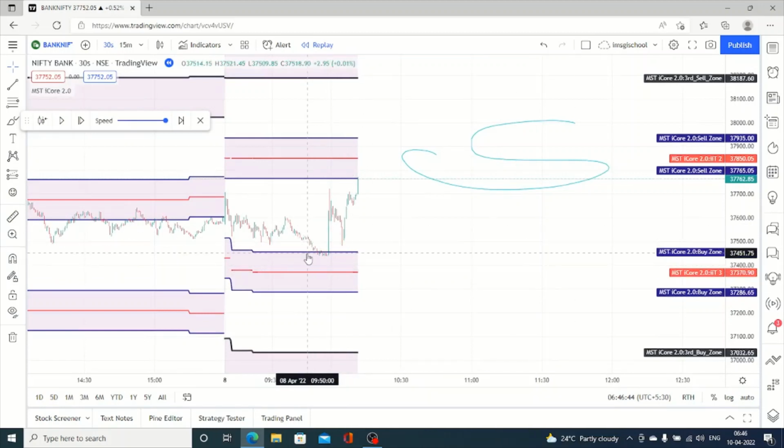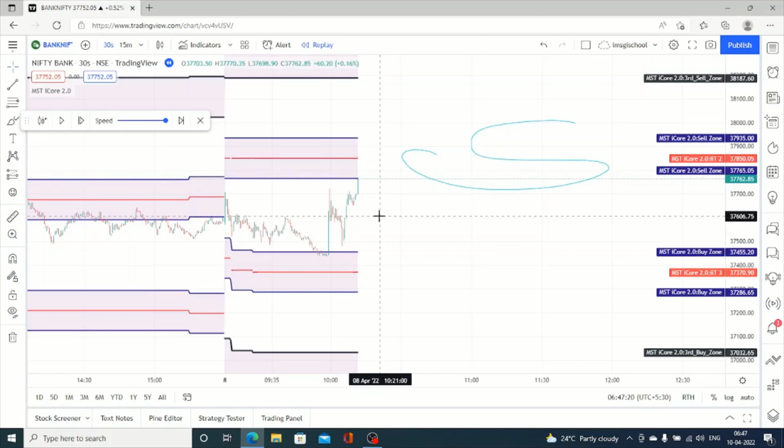So here we will be ready because we know these lines are formed immediately after the market opens. We are ready that if the market is coming down first to the 37,455 range, then immediately we will take either a 37,400 call option or 37,300 call option or 37,200 call option, or if you want out of the money, you can take a 37,700 call option or 37,500 call option.